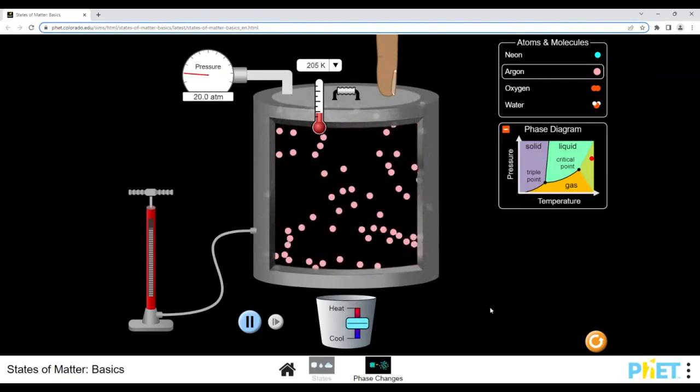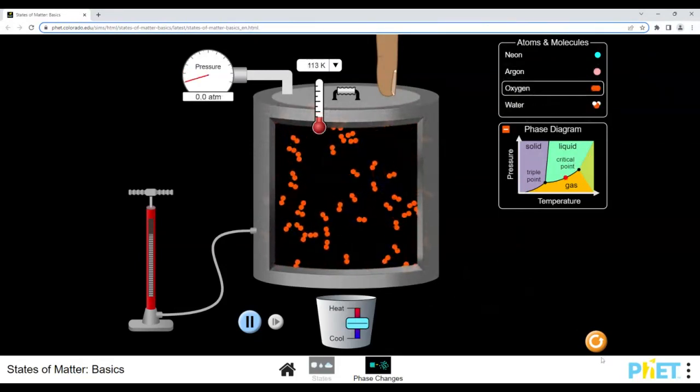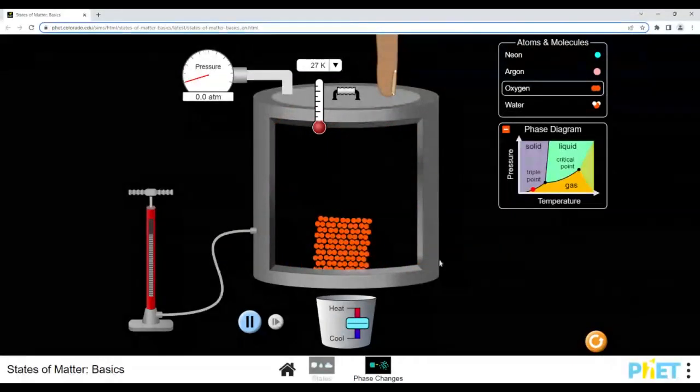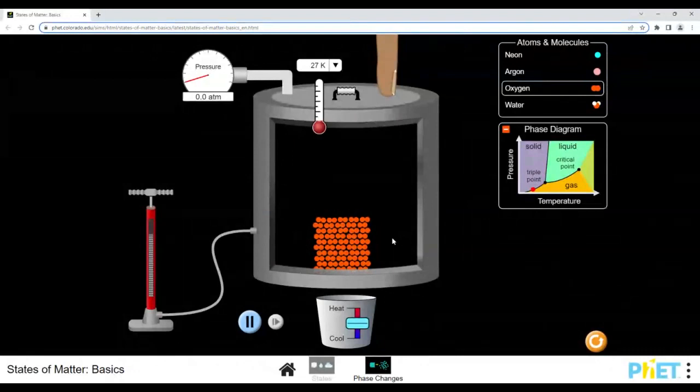All right, let's look at something similar for oxygen. So if we reset and we look at oxygen, oxygen is a diatomic molecule. So two oxygens typically are going to be in a pair, but that doesn't really hurt what we're trying to do here. Right now we can see that this is in a solid. It has some temperature here.